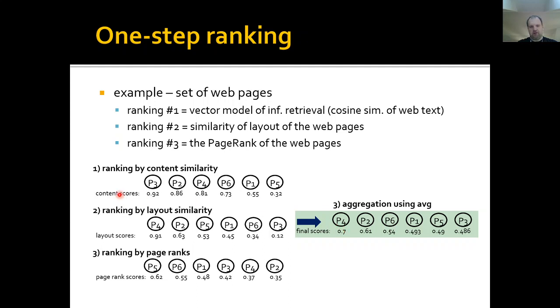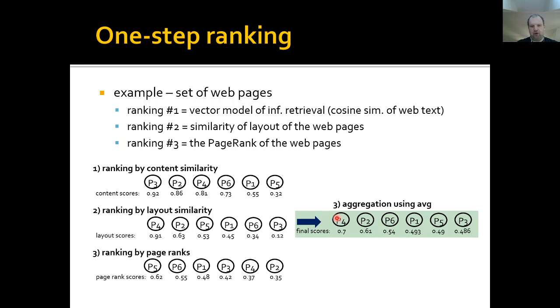So we take just averages of the partial scores and we get the final ranking. So in this case, the P4 won. It was 0.81, 0.91 and 0.37. Altogether in average it's 0.7, and this is, in this trade-off, the best. So the second one is P2 and so on.